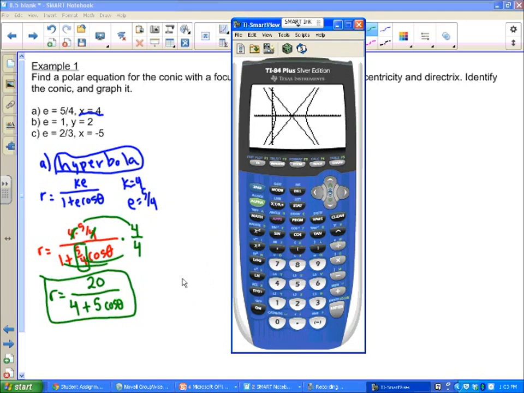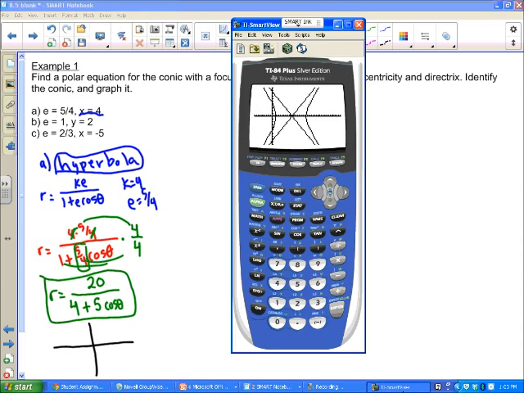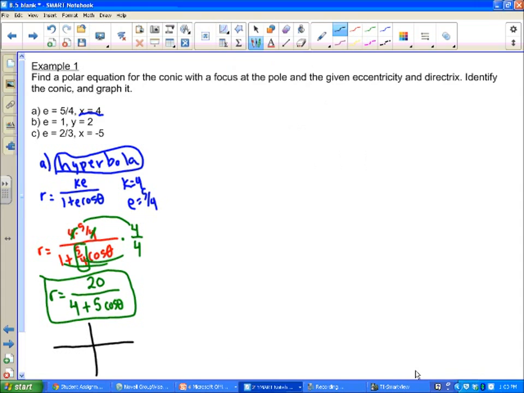So let's draw that on our paper. Ta-da! Look, there's our hyperbola.